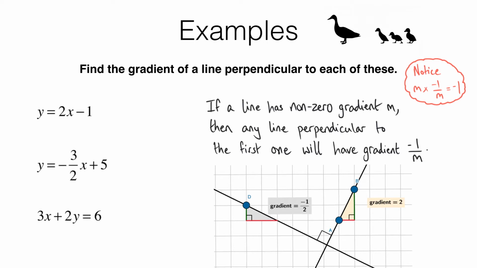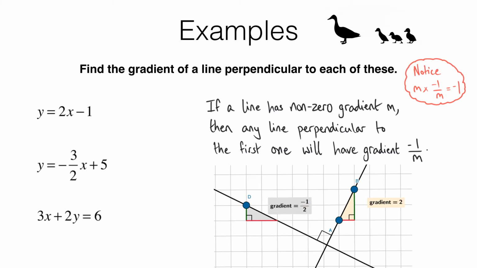Or another way of thinking of it is that we've got a change in y that's -1 because we're going down 1, divided by a change in x of 2. Notice how this fits the definition that we've just spoken about. If this line has gradient 2, then the perpendicular line will have gradient -1 over 2. Another way of thinking of it is that the two gradients should multiply to give us -1.